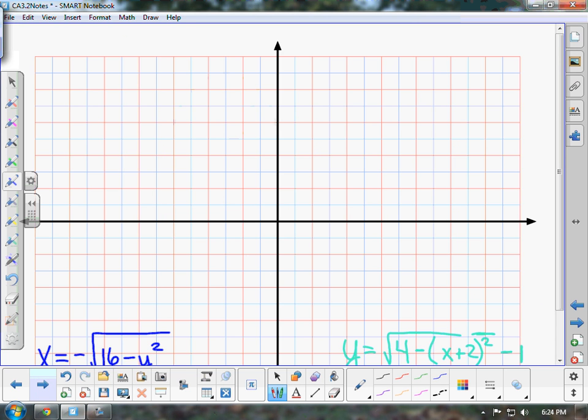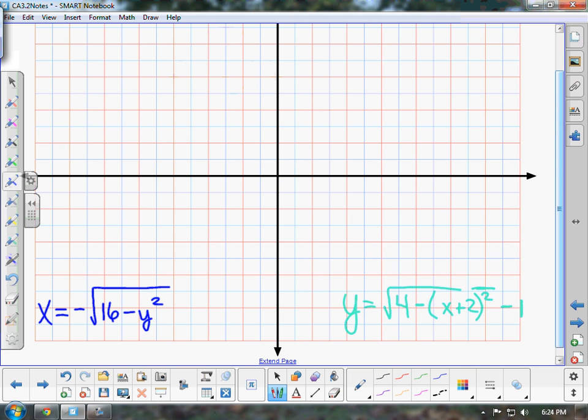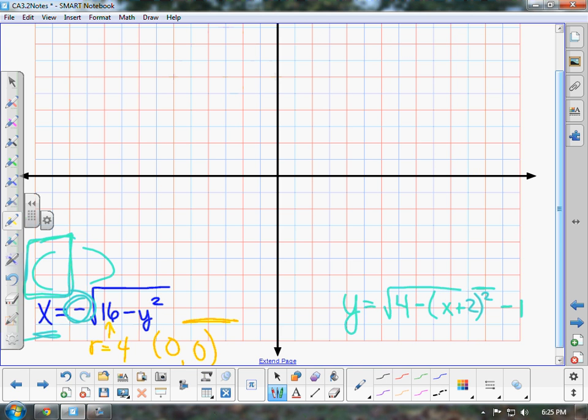And now, looking at a couple of examples, our first one here is x equals the negative square root of 16 minus y squared. So because it is x equals, we're talking about a semicircle that is either a right or a left. Because it is negative, it is the left one. The radius of our circle is 4. There is no value with the y, so the y value of our center is at 0, and there is no number outside, so the other part of our center is at 0 as well.